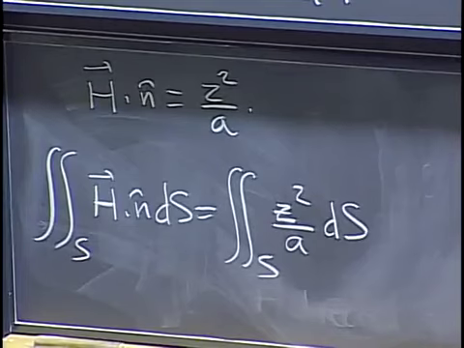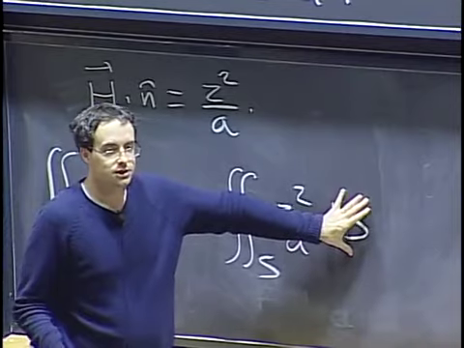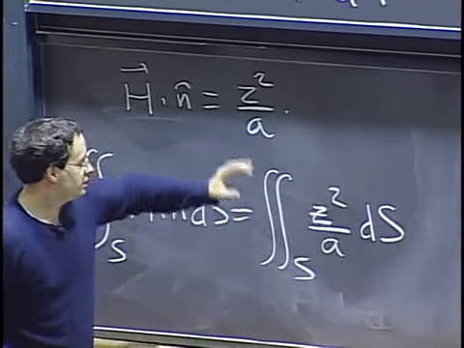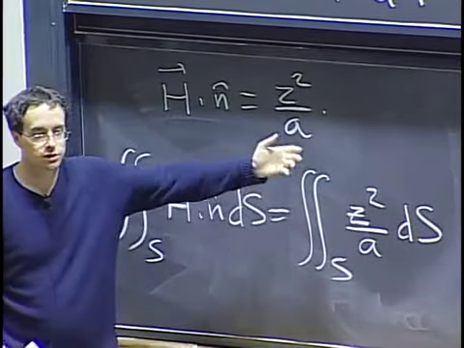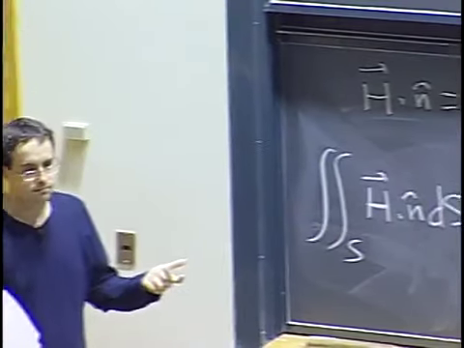So how do we do that? We have to figure out what dS is in terms of our favorite set of two variables that we'll use to integrate. What's the best way to figure out where you are on the sphere? You could try to use theta and z. If you know how high you are and where you are around, in principle, you know where you are on the sphere.